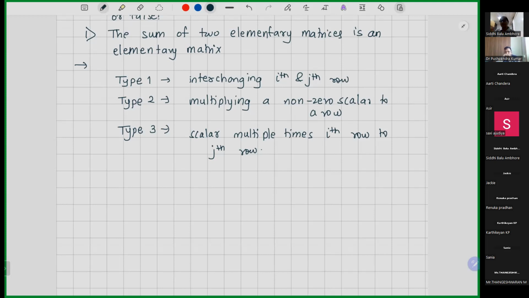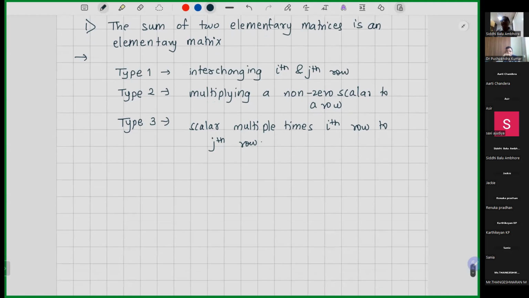Yes, as we already have a guess in the chat that it need not be an elementary matrix, which is correct. Since we are saying that it need not be an elementary matrix, we have to give an example for this.